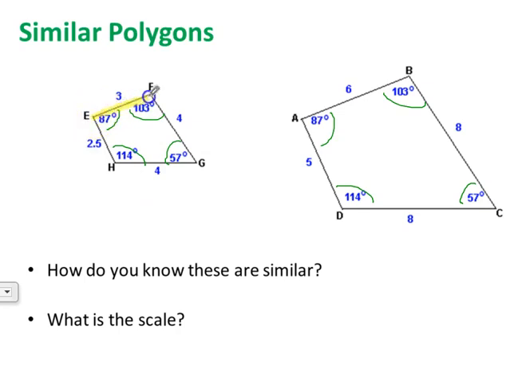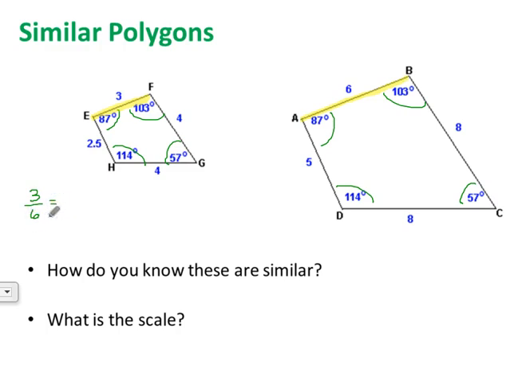I know this side here corresponds with this side. They are both located between the 87 and 103 degree angles. So these 2 sides are corresponding. I'm going to set up a ratio to represent those 2 sides: 3/6.